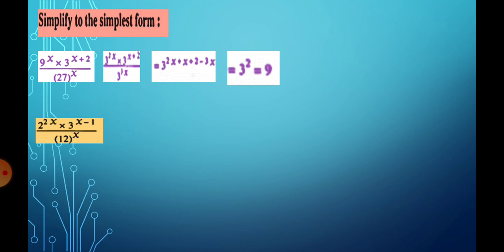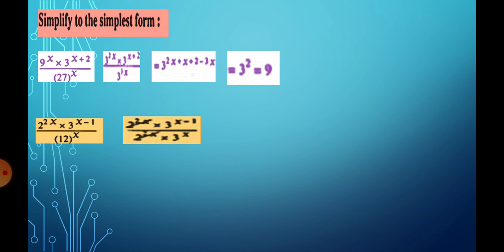Simplify 2 to the power 2x times 3 to the power x minus 1 over 12 to the power x. We find 12 in simplest form. It will be 2 to the power 2 times 3. Then we can write 2 to the power 2x times 3 to the power x minus 1 over 2 to the power 2x times 3 to the power x.